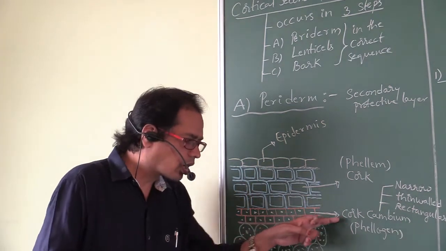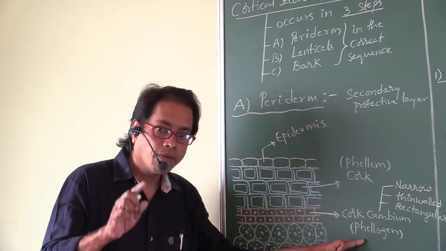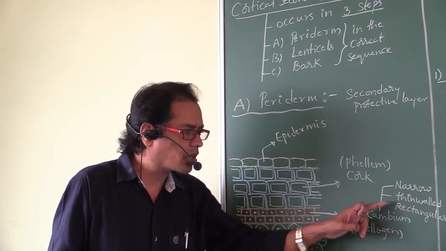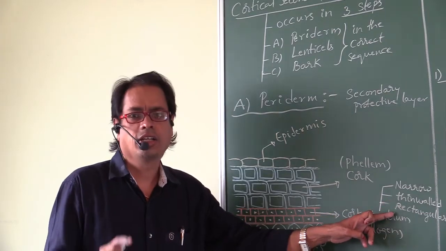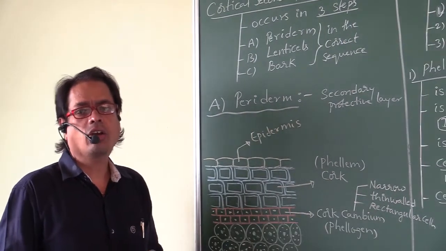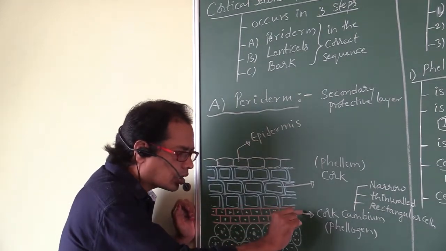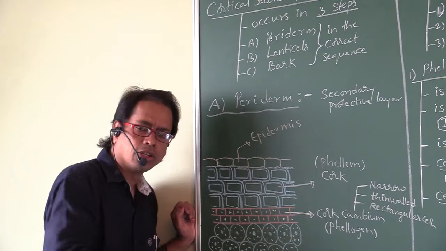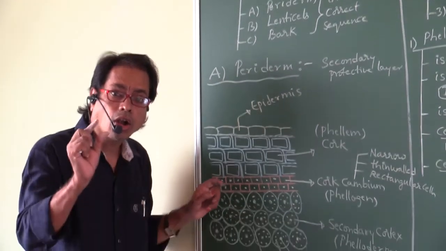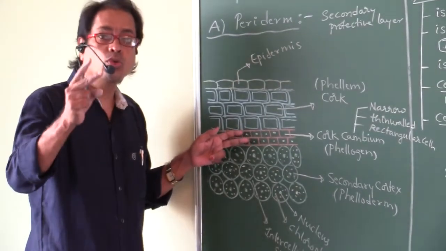This is the cork cambium, also called phellogen. Cork cambium cells are narrow, thin-walled and rectangular cells. This is one layer, this is another layer, so cork cambium is 2 layers thick.